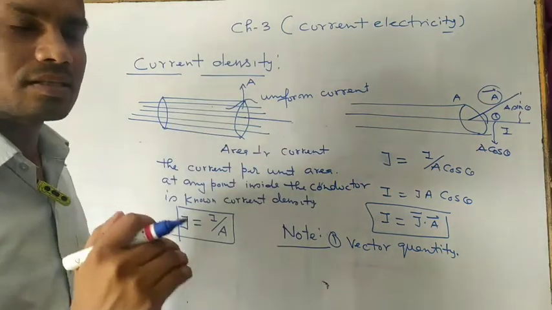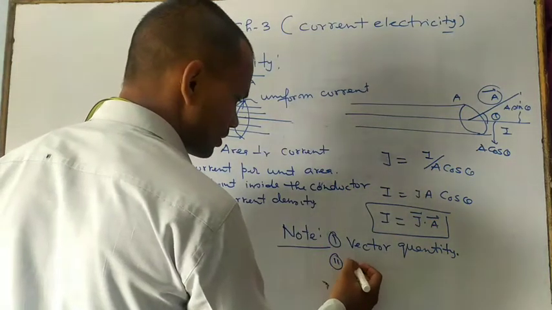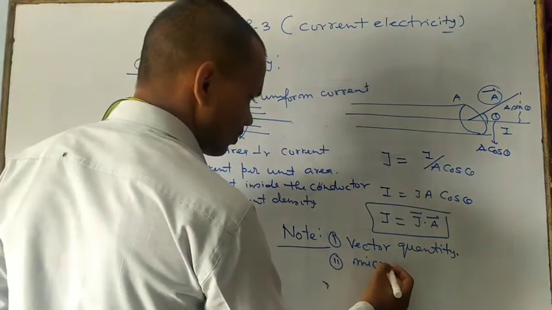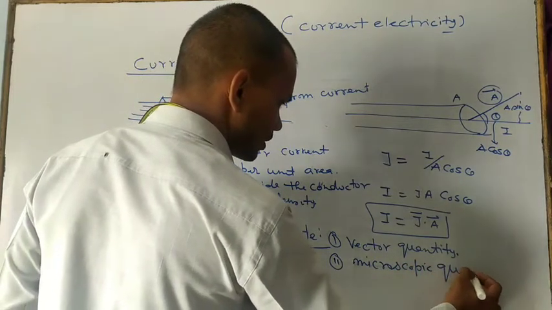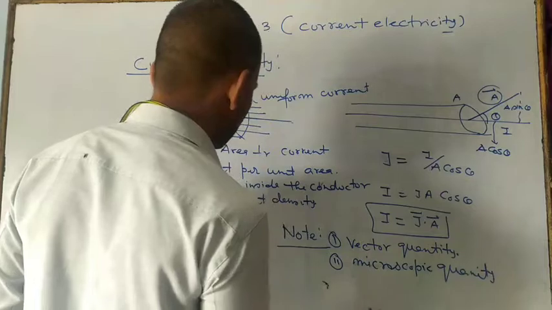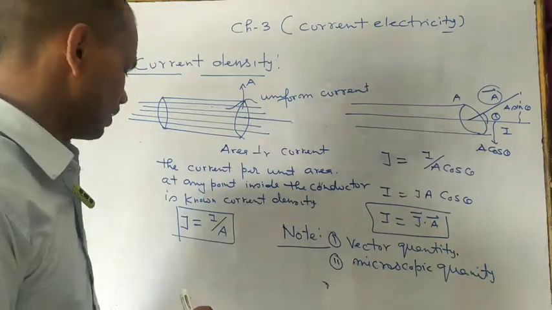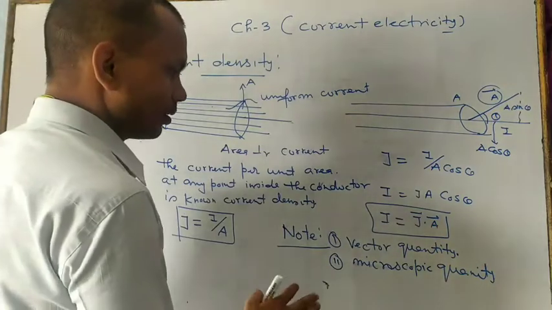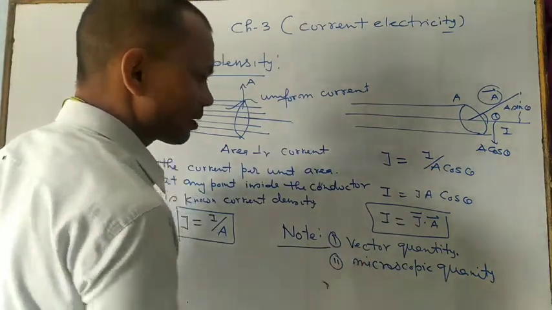It means that this is a microscopic physical quantity, second one, because for defining it we take any point inside the conductor, right? So this is a vector quantity, and then this is microscopic.